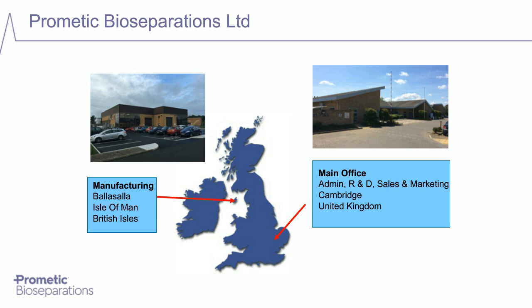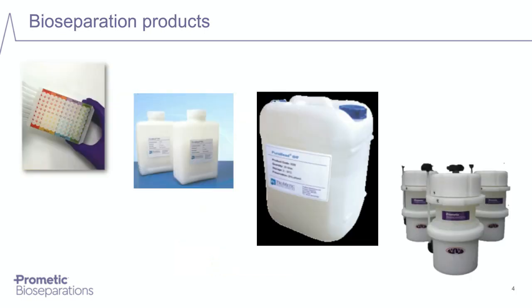Currently, in Prometic as a whole, we have around 500 employees, and we have around 100 employees in the UK as a part of the Bioseparations group. We produce a number of products ranging from small screening column blocks, and I'll be saying much more about that over the next few minutes.